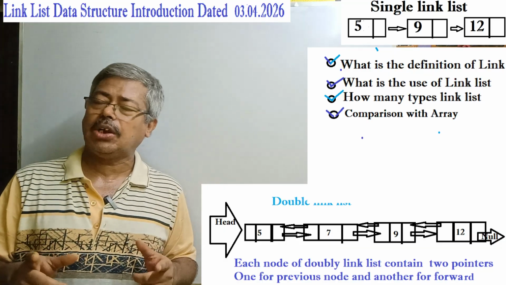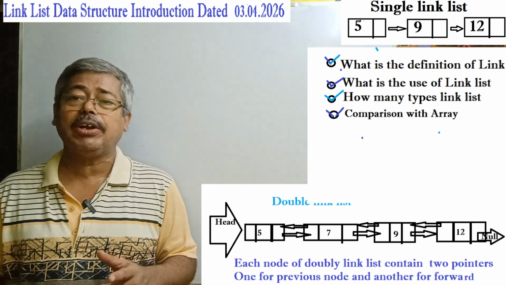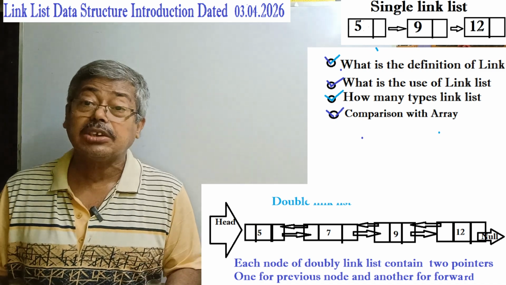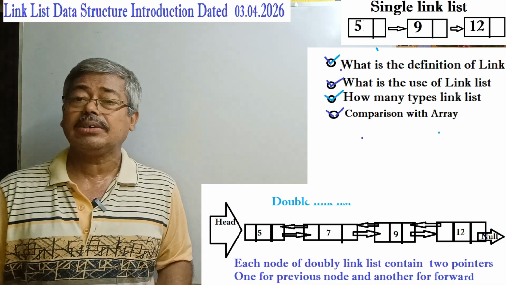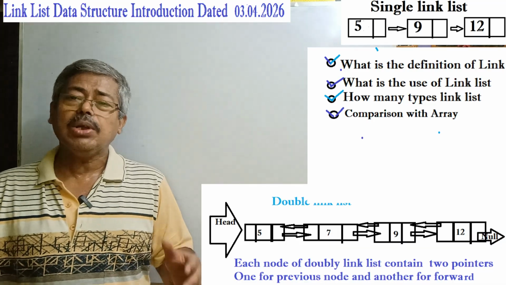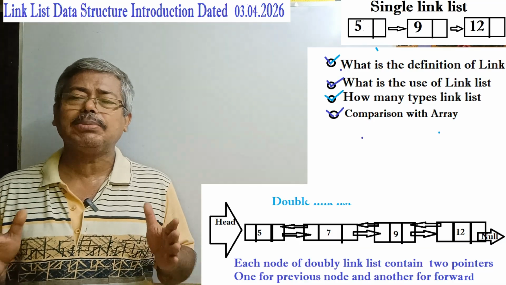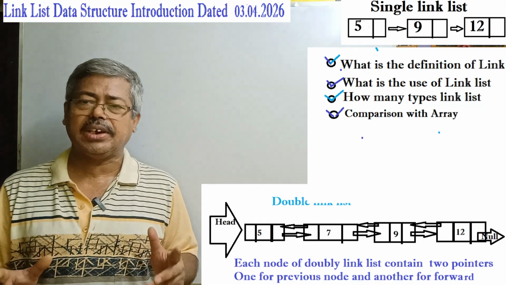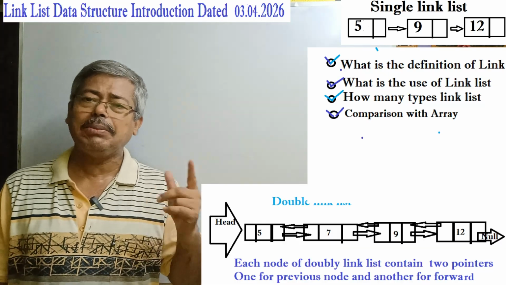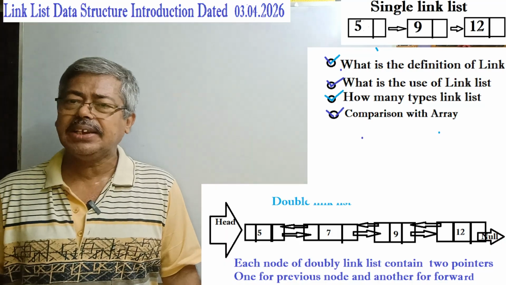The last node of course contains two pointers, but a null pointer is there in the last node of the double linked list. So each node of the double linked list contains two pointers: the first for the previous node, the second for the next node.